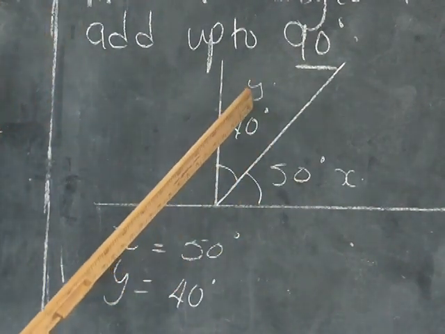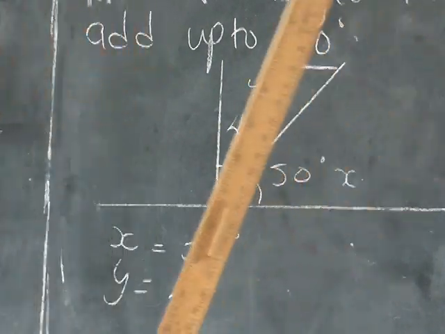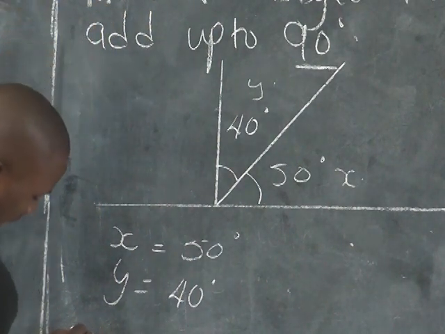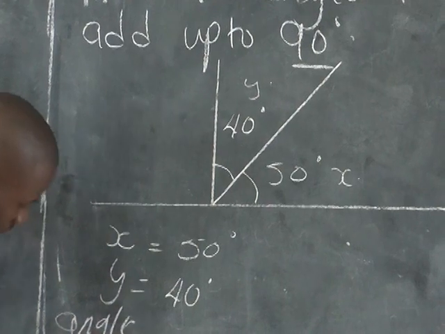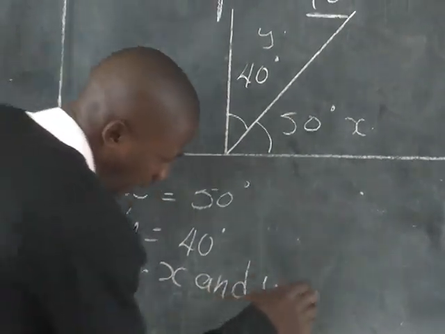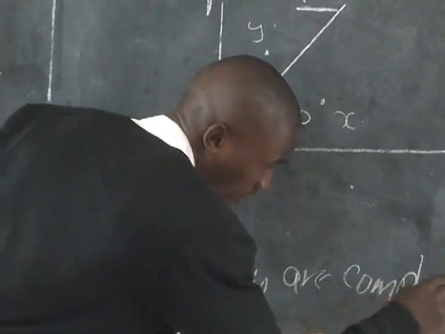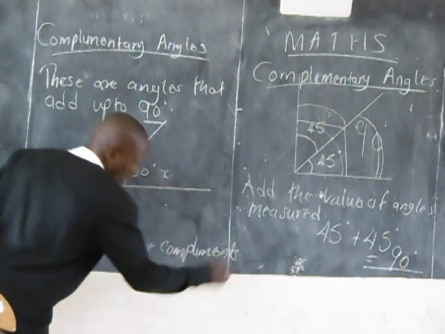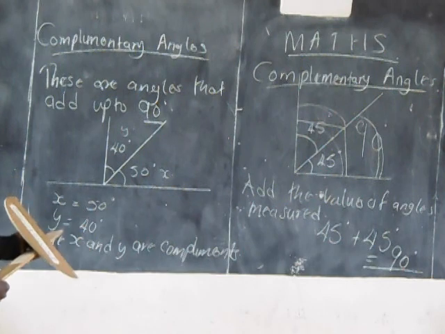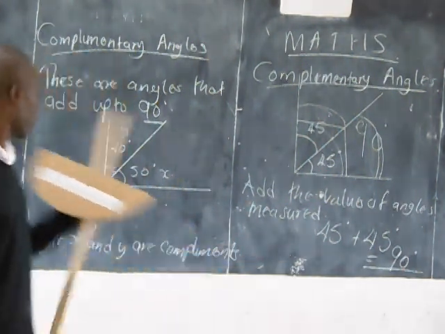Now, these angle x and y are known as complements. They are known as what? Complements. Therefore, we say angle x and y are complements. Complements simply means that if you add angle x and y, it gives you 90 degrees.